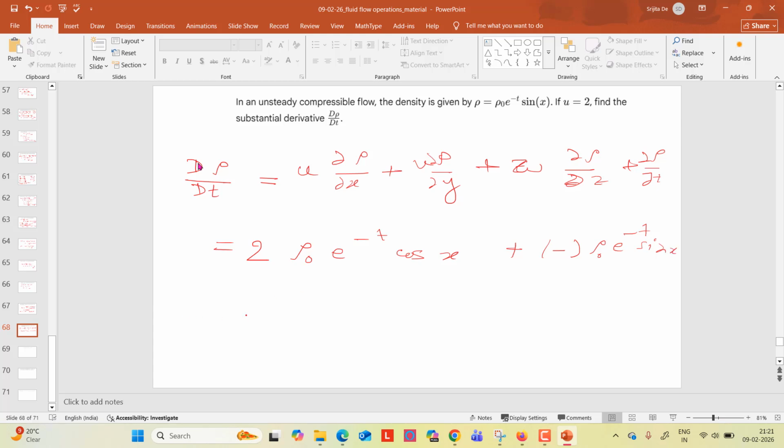So what is coming? If we take it common, 2 rho 0 e to the power minus t, so it is 2 cos x minus sin x. Okay.